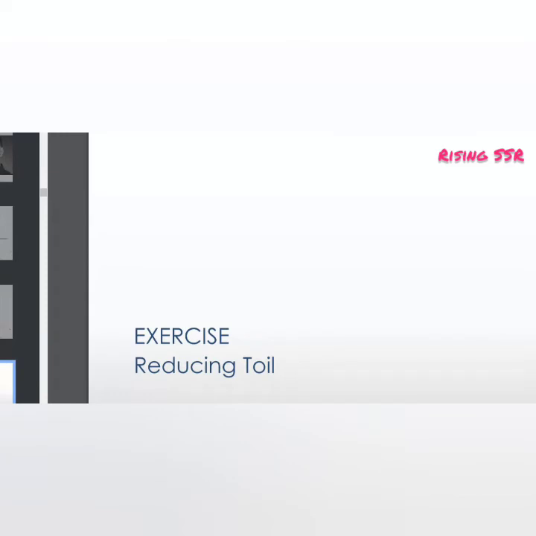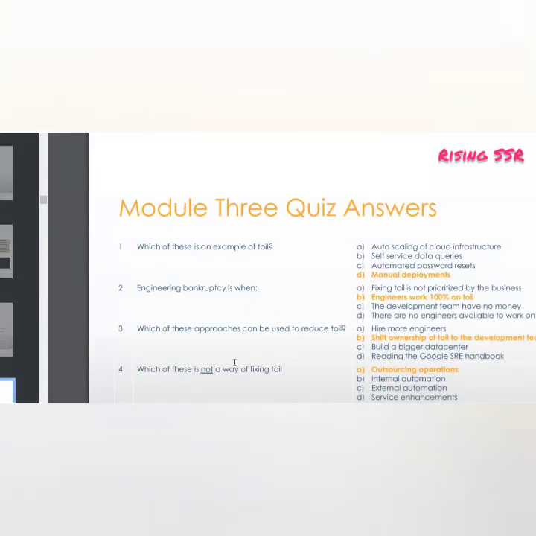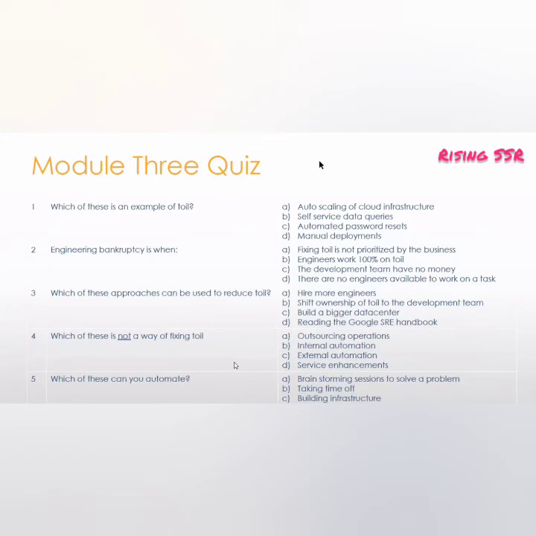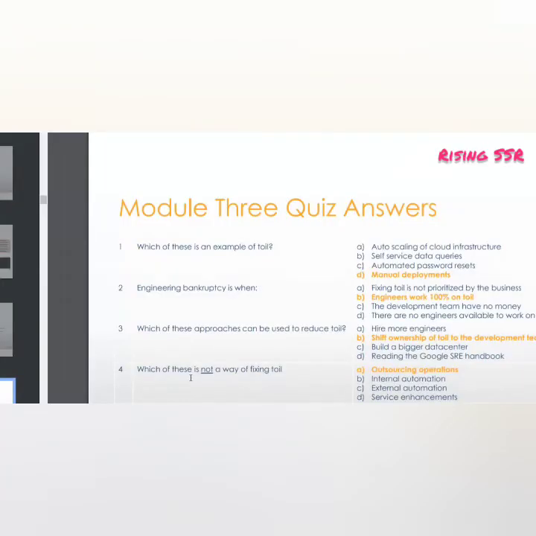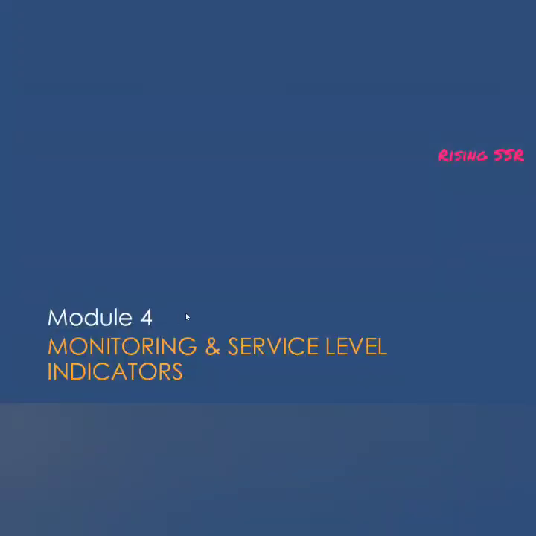Engineer work 100%. Exactly, yes. So you always need to remember that 50-50% ratio. Which of these approaches can be used to reduce toil? Yes, we can automate that. Very true. So that finishes module 3, and module 4, wherein we will talk about service level indicators and the monitoring aspect, is a really very important module.